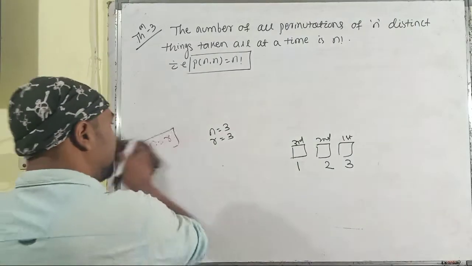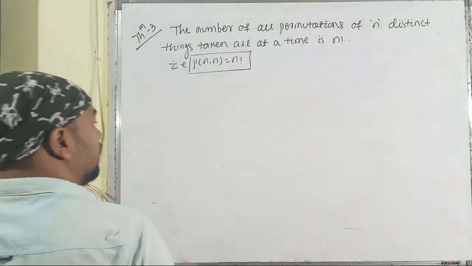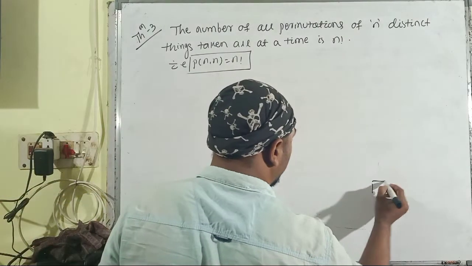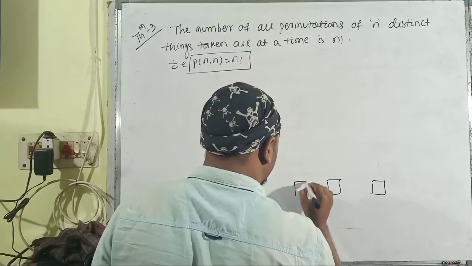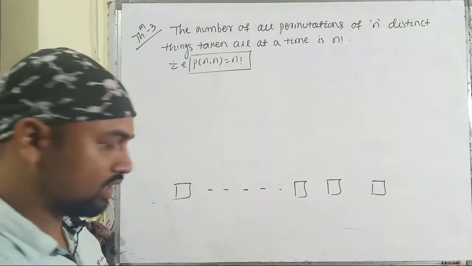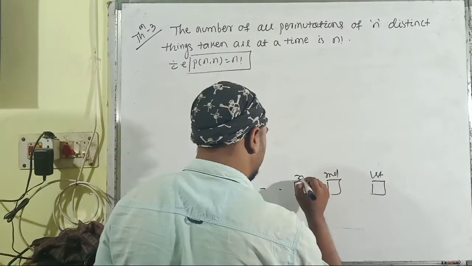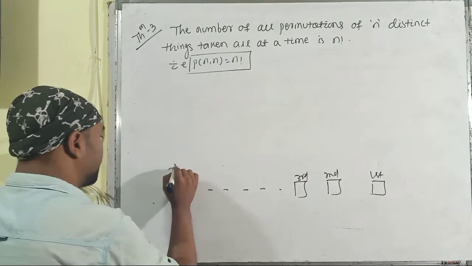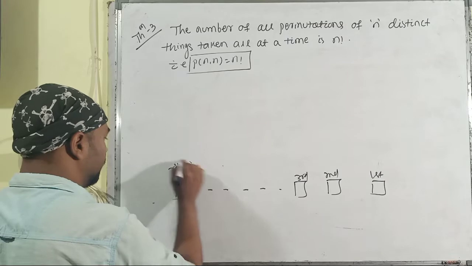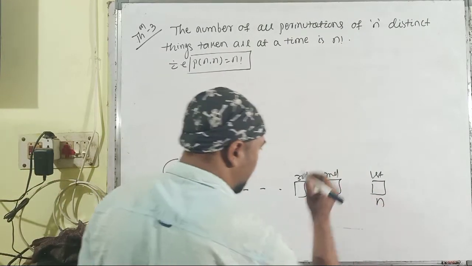Similarly, in theorem number 3, there are n number of objects and also n number of places. This is the first place, this is the second place, this is the third place, and here the rth place is equal to the nth place. The first place can be filled up by n number of ways.